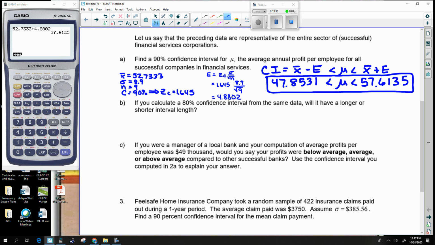Okay, the next question is a hypothetical type question in which we just have to show hypothetical math. Right now, our confidence is 90%, which gives us a ZC of 1.645. They want to know what would happen if I made my confidence 80%.